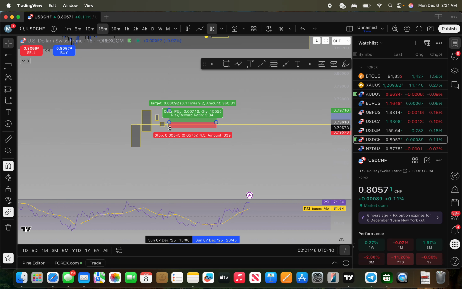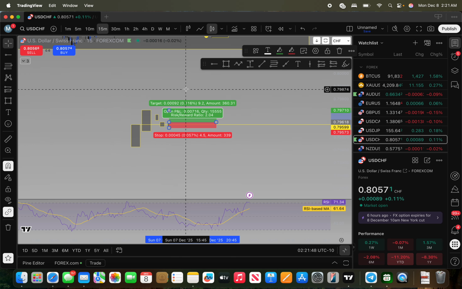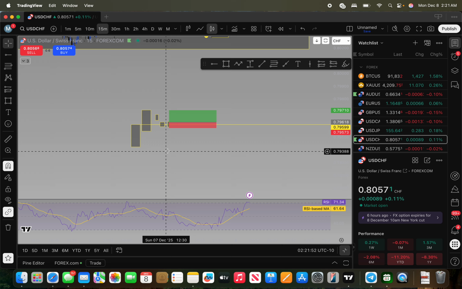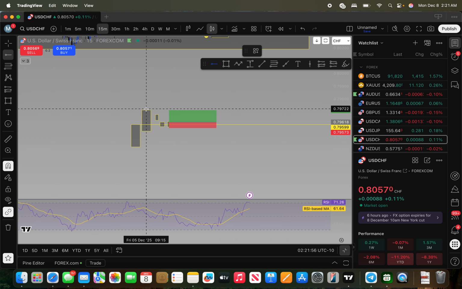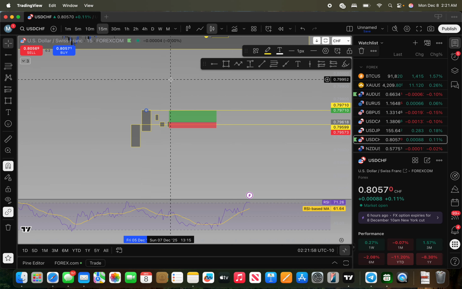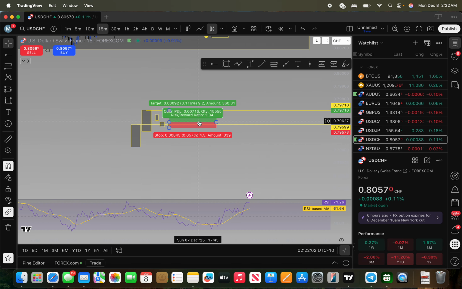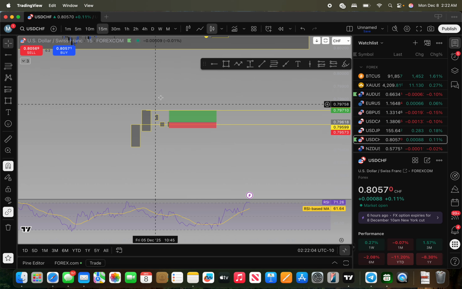Your stop loss is under the previous low, and your TP is your draw on liquidity right over here. All right, so that's the strategy. CCT, candle continuation theory.